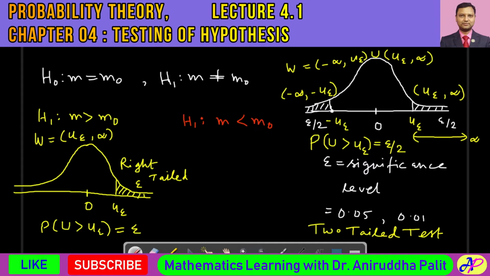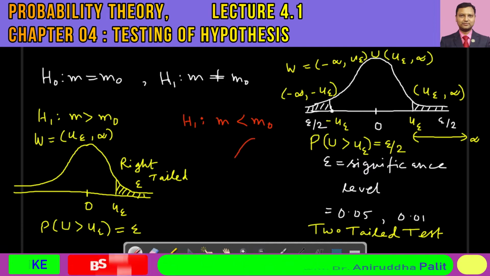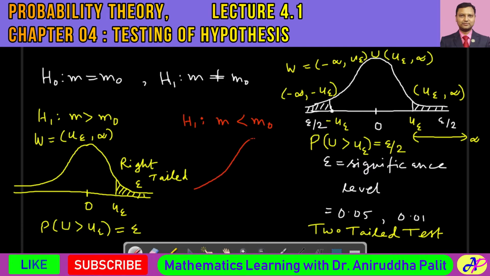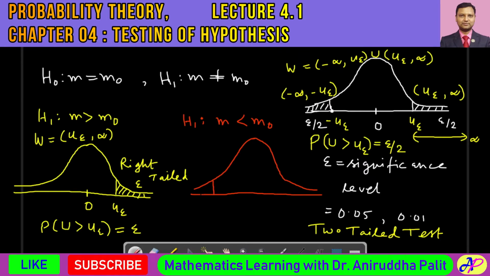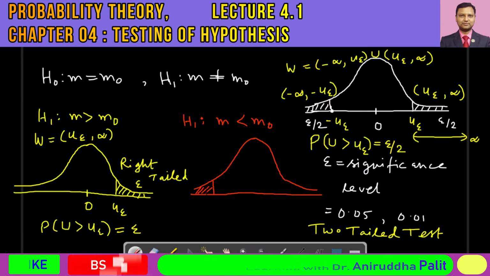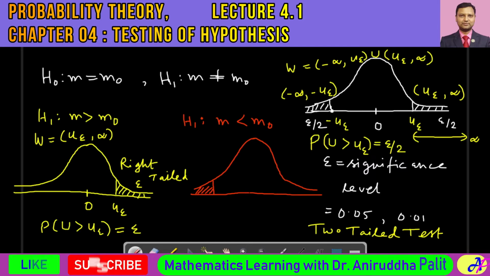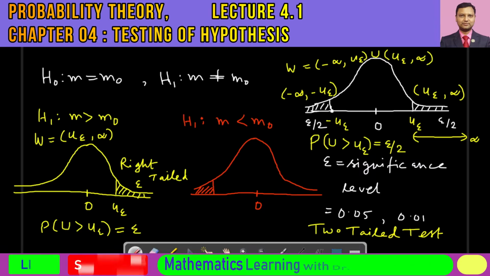In that case, what would be the density curve? This would be the density curve, and over here the critical region will be situated on the left, this type of region. And this would be the middlemost point 0.